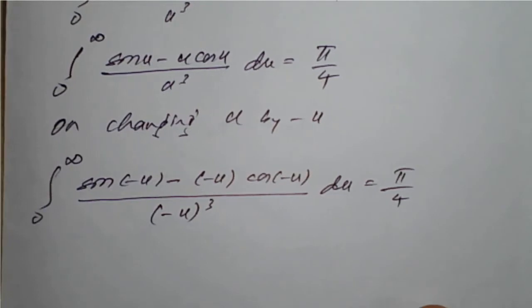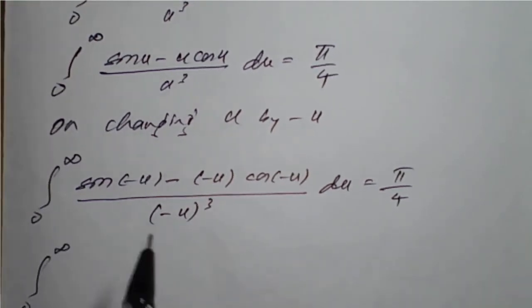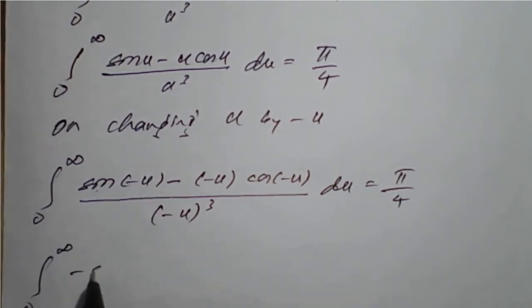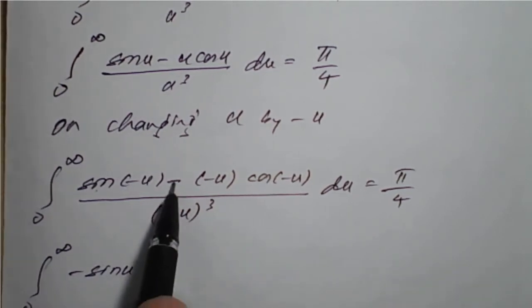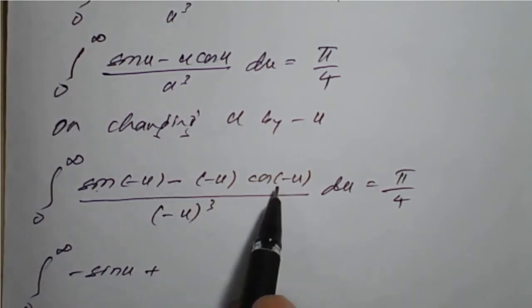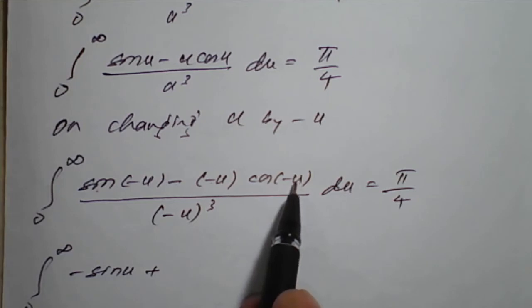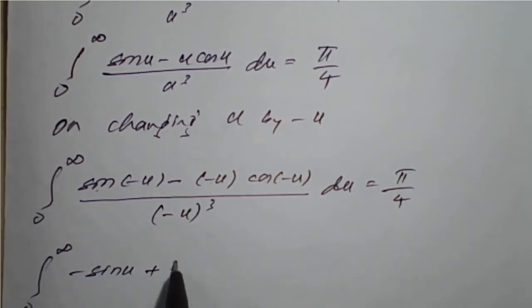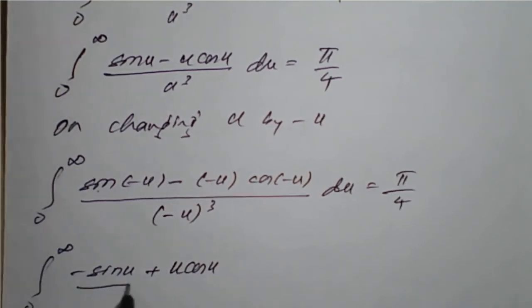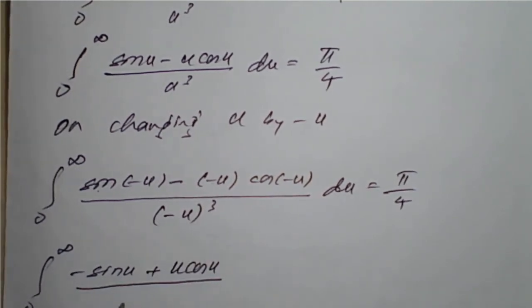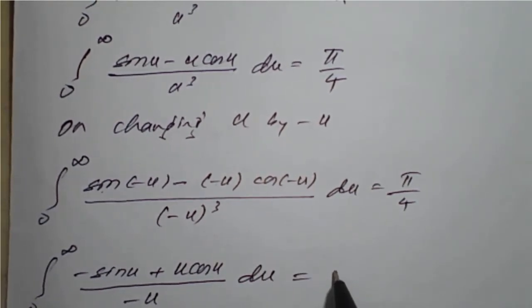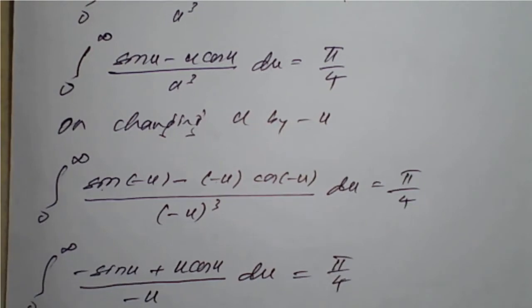We'll rearrange. Integration 0 to infinity, sine of minus u is nothing but minus sine u, so minus minus is plus, but cos of minus u is again cos u, then minus minus will become plus of u cos u, divided by minus u cube, is nothing but minus u cube, into du is equal to pi by 4.